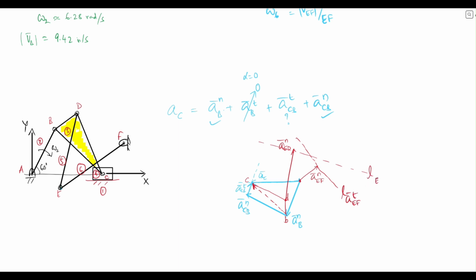This is line of acceleration of E with respect to D tangential. So we can find that this is the intersection. So we get this line. This is acceleration of E with respect to F tangential, which should be equal to EF times alpha 6. So we can find alpha 6 from here.